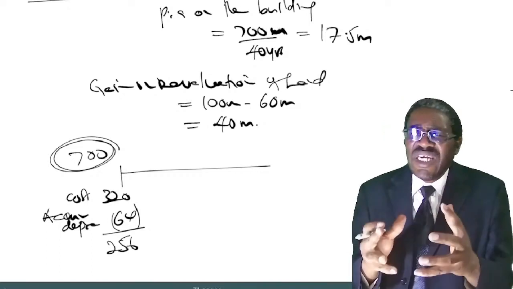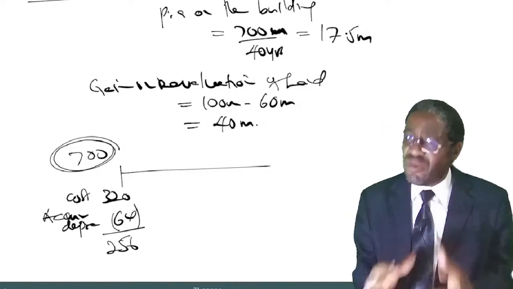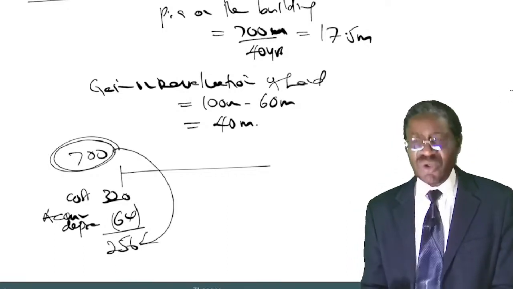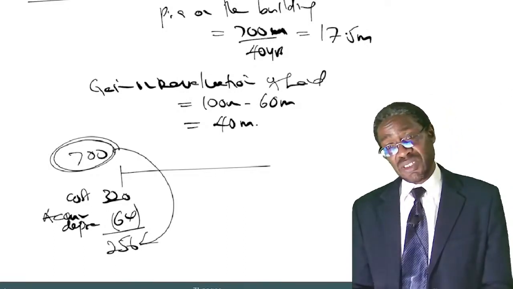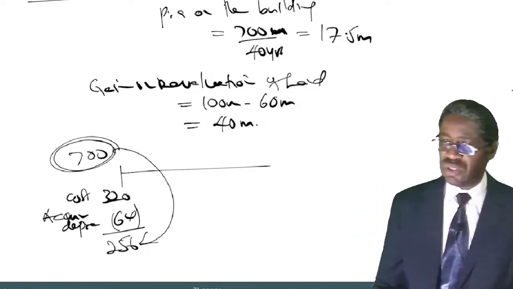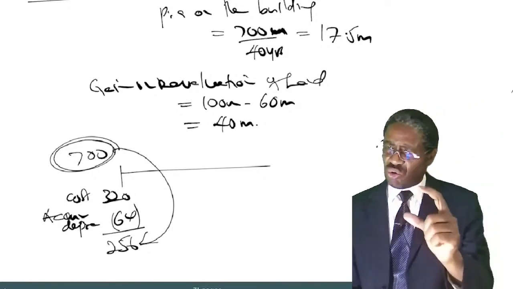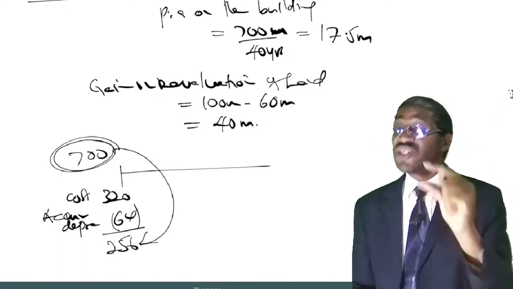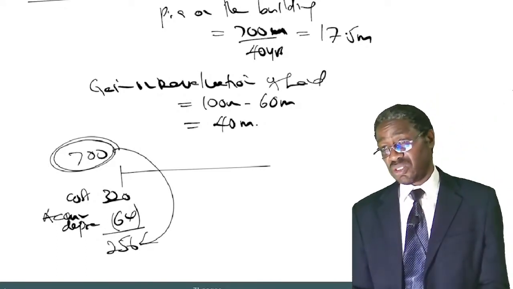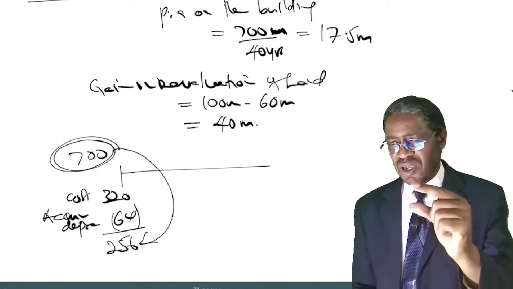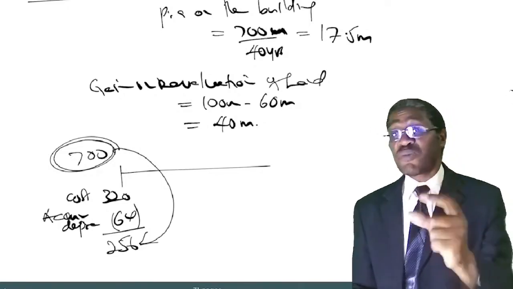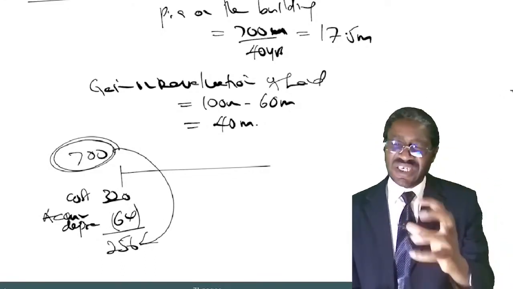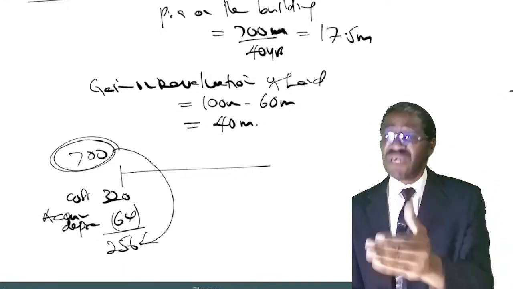So what is the gain on revaluation of the building? You now compare that 700 with the 256. So here the trick was that the examiner wanted you to confuse and compare that 700 with the 320, which is the cost. He wanted you to forget that that building was being depreciated. And what I'm given in the trial balance is the accumulated depreciation of the building as at the beginning of the year.